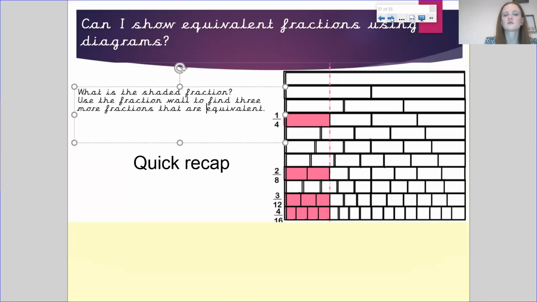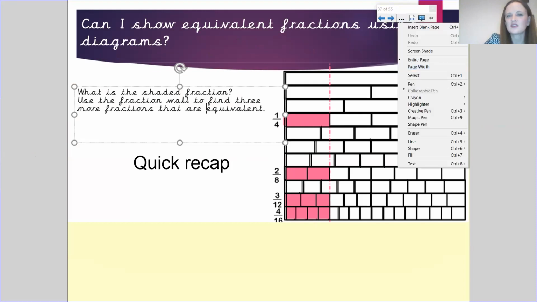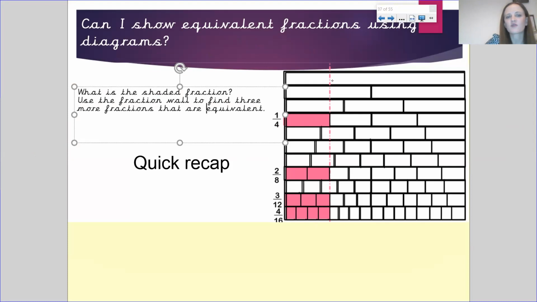Right. If we have a look at this, what is the shaded fraction? So if we have a look, using the fraction rule to find 3 more equivalent fractions. Over here, we have got a quarter, we've got 2/8, we've got 3/12, we've got 4/16. We can see from this that these are all equivalent fractions.